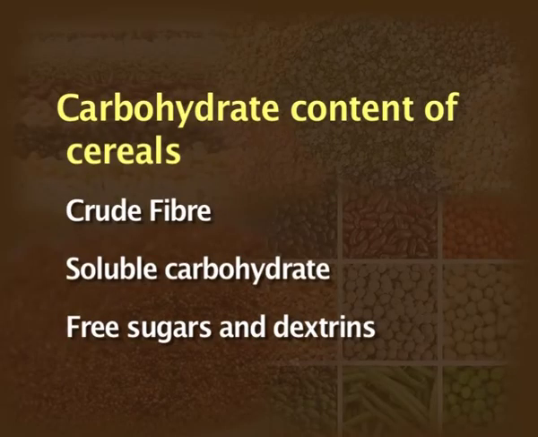So, apart from the soluble carbohydrate as well as the crude fiber content, there are certain amounts of free sugars and also dextrins which are found in cereals. Now, the starch component of the cereal grain is mostly concentrated in the endosperm, and very little amount in the form of sugars are found in the germ layer.